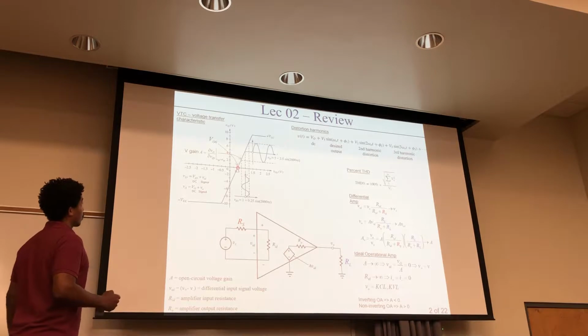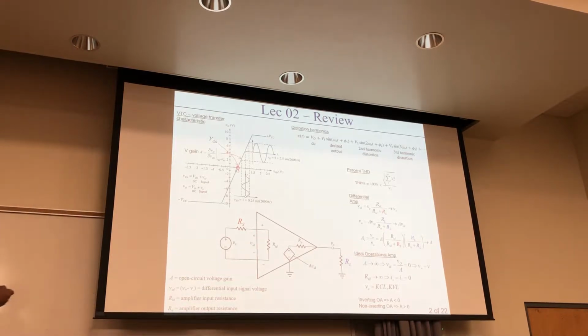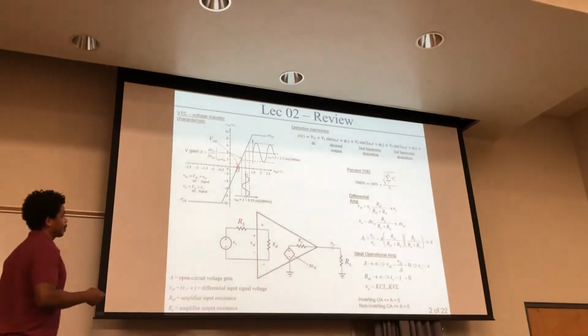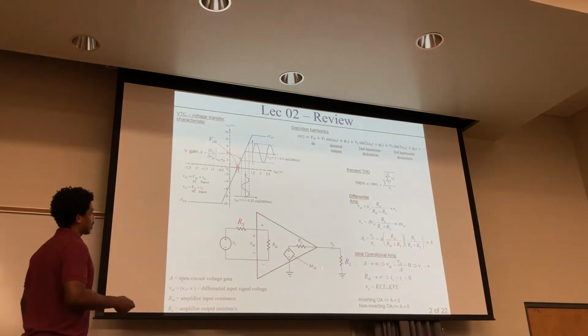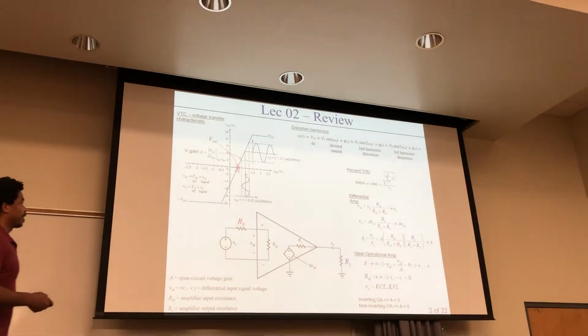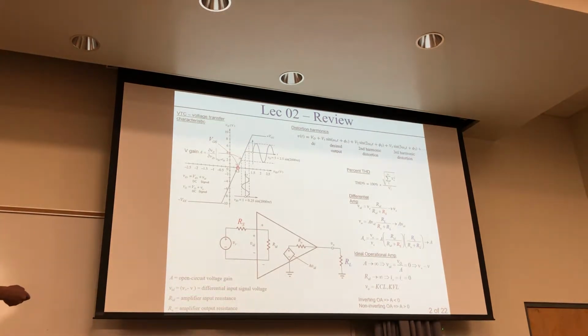Recall in lecture 2, we looked at the voltage transfer characteristic right here, where the slope of this is the gain, and here's the offset value. The typical op amp can be modeled like this, where this A right here is the open circuit voltage gain.